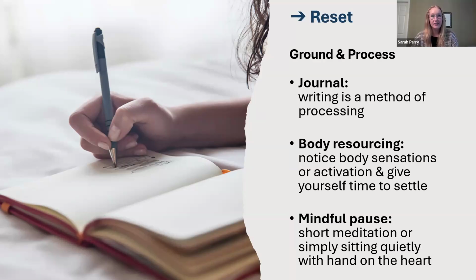An exercise I really love is placing my hand over my heart. And I have a couple phrases that I use for myself. One of them is, I'm doing the best that I can. And the other one is, be gentle. For me, that means be gentle to myself.